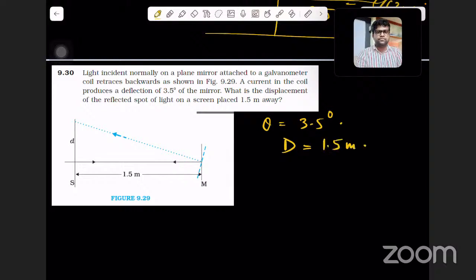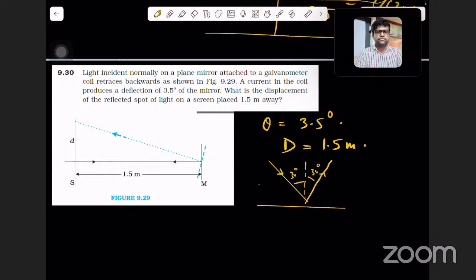The deflection experienced by the reflected ray is actually twice the angle of deflection. I'll explain like this. Suppose this is 30 degrees, so this angle will be 30 degrees.